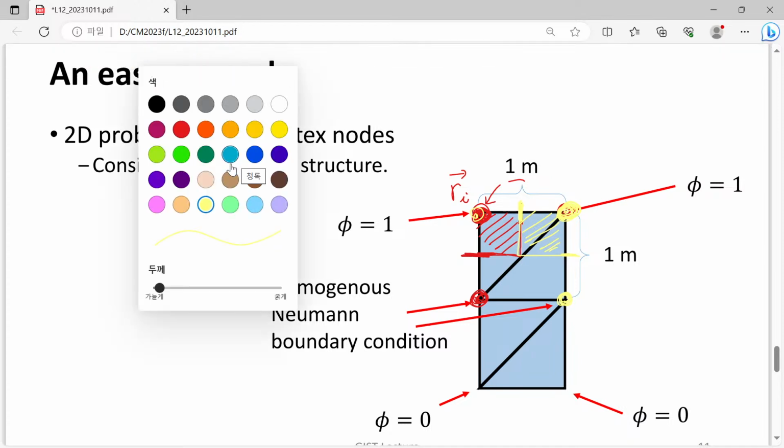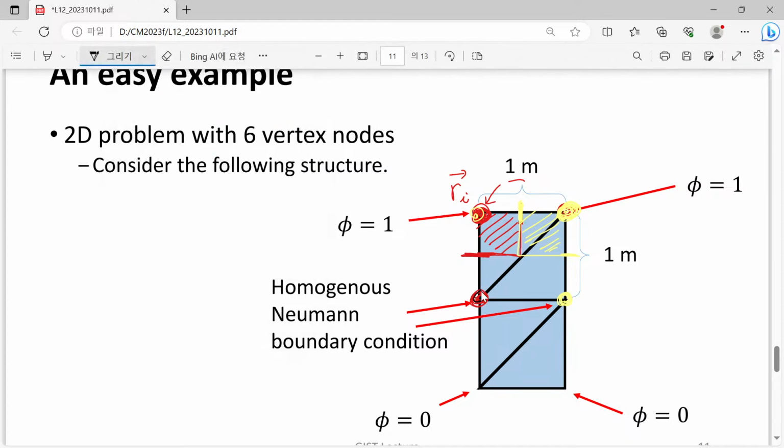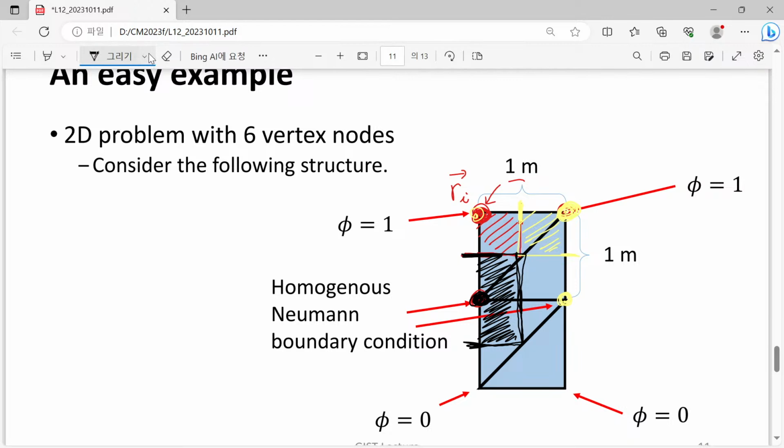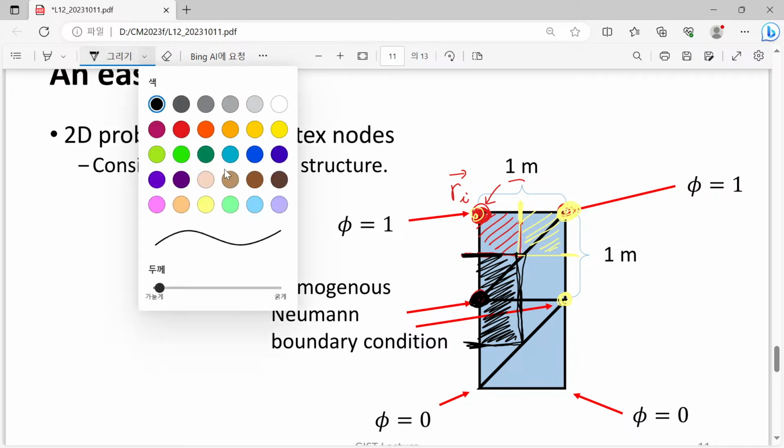Let me repeat again. How about this guy? Maybe this is the midpoint, and this is the midpoint, and this is the midpoint, and by connecting the surfaces generated from these midpoints, we are saying that this black shaded area is good for these black points.